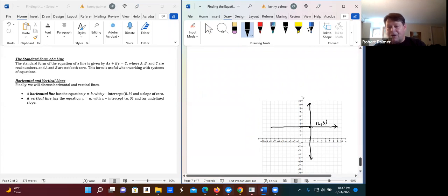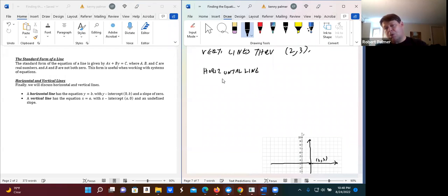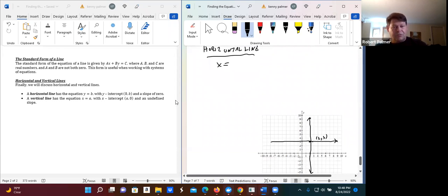Okay, so look back at our directions here. What it tells us is that the horizontal line has the equation y equals b, where b is the y-coordinate of the y-intercept, and that would be the point 0, 3.